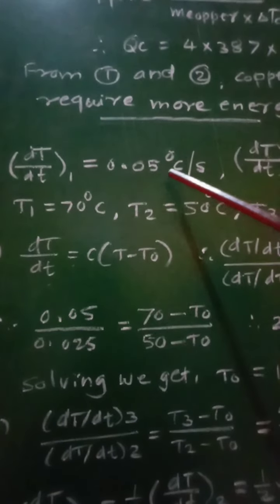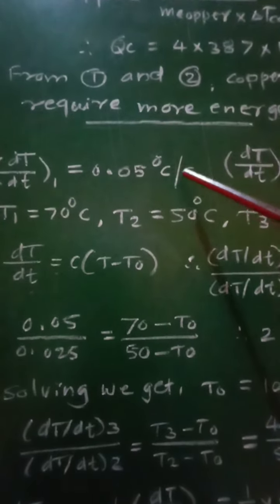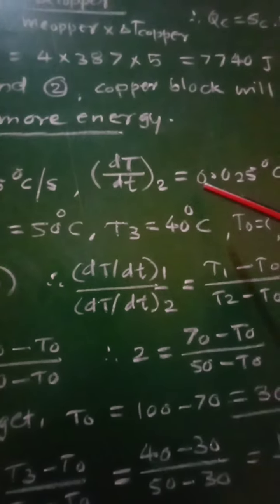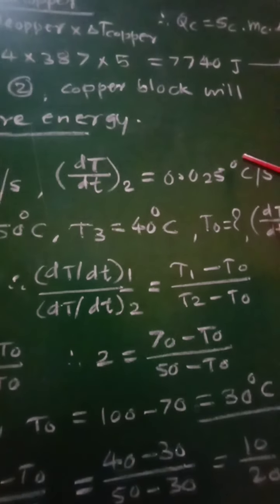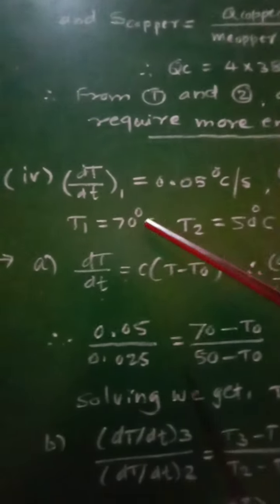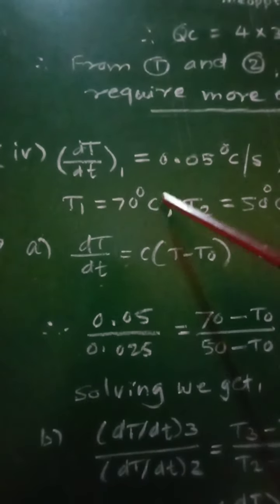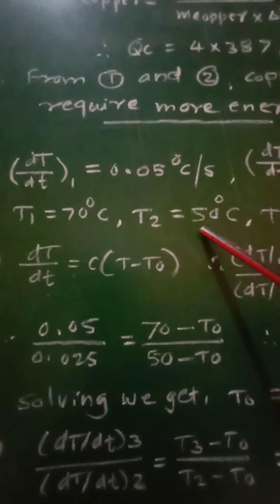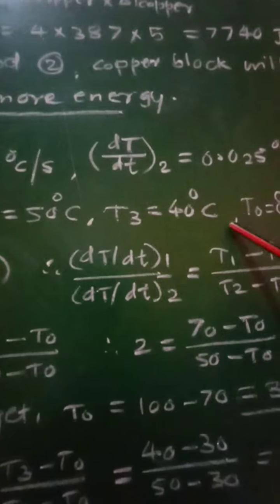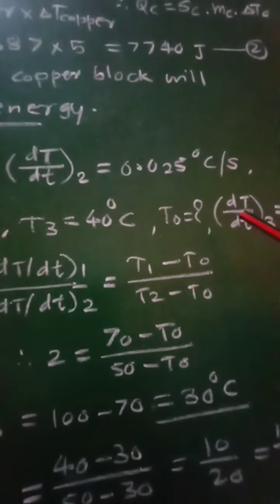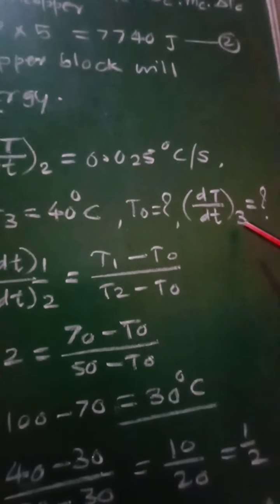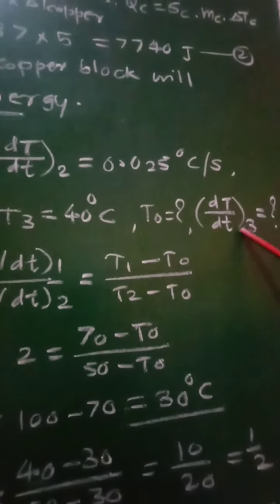Therefore for this fourth numerical, the given data is the rate of cooling dT by dt 1 equal to 0.05 degrees Celsius per second, then the second rate of cooling dT by dt 2 equal to 0.025 degrees Celsius per second. Then temperature T1 is 70 degrees Celsius, T2 is 50 degrees Celsius, T3 is 40 degrees Celsius, and we have to find the initial temperature T0 and the rate of cooling dT by dt 3.